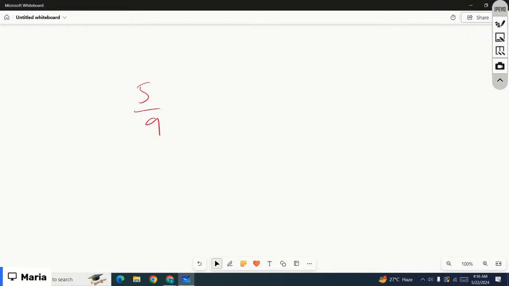You don't have any common number that can divide both 5 and 9 to write them in the simplified form, right? That is already in the lowest form, right?